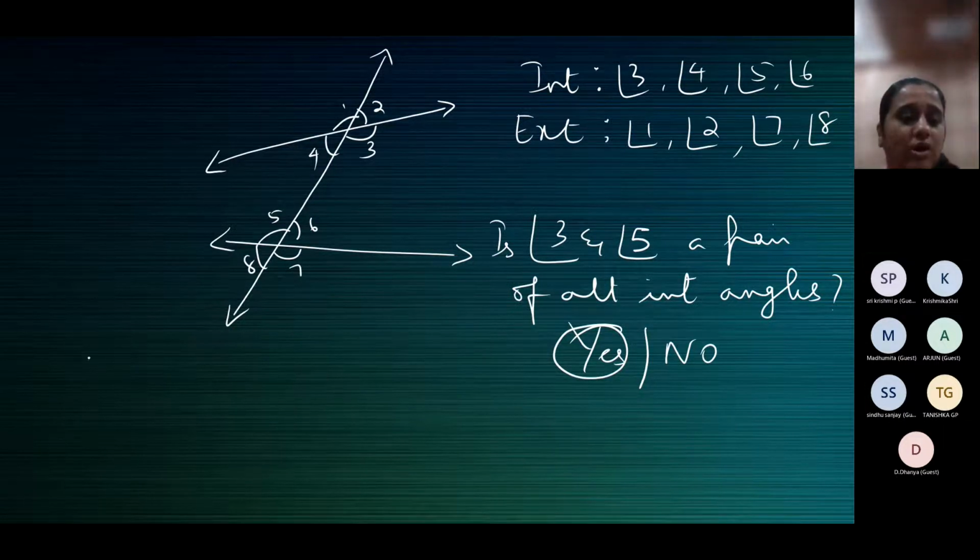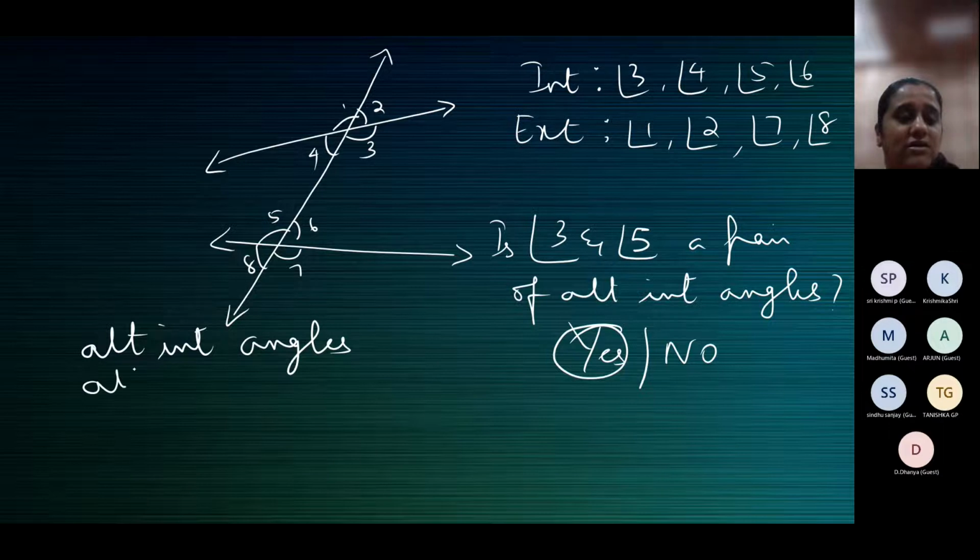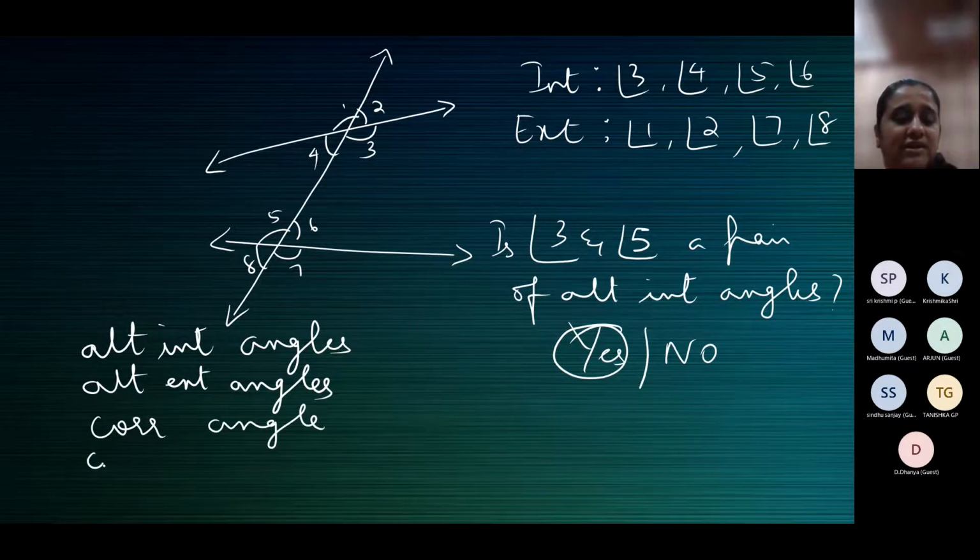You can find alternate interior angles, alternate exterior angles, corresponding angles, and co-interior angles or allied angles.